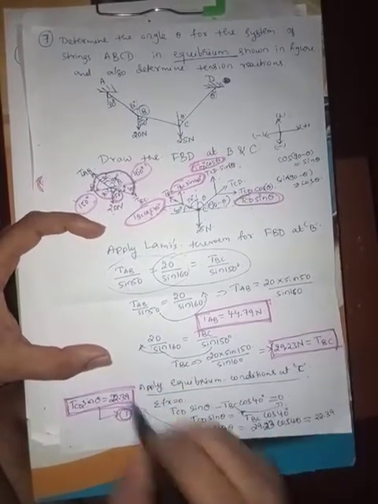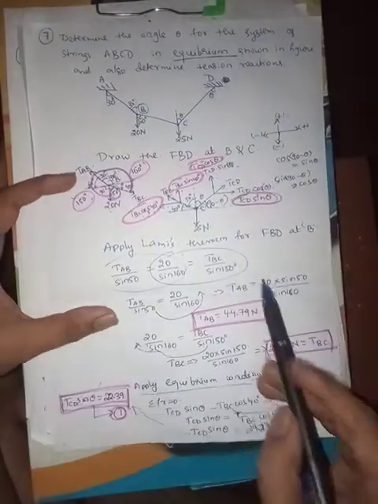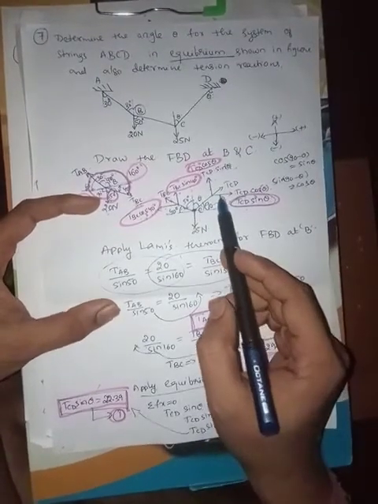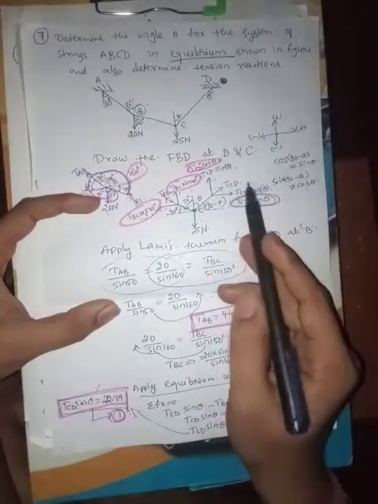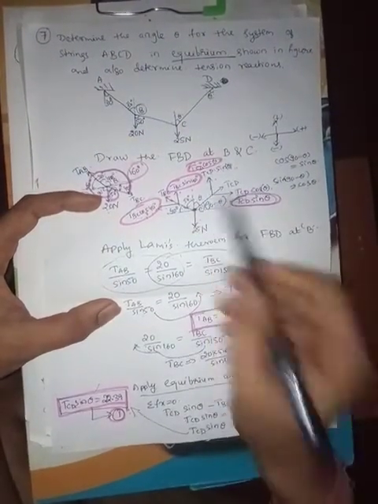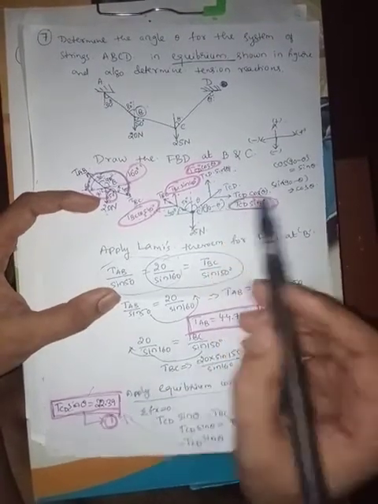Now apply sigma Fy equals 0, that is equating the vertical components of all the forces to 0 for the point C. So what are the vertical components of the forces acting at C?